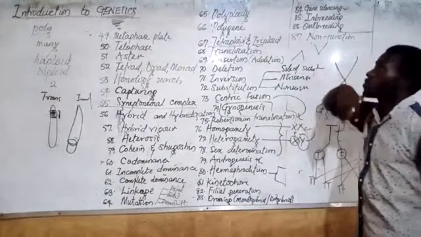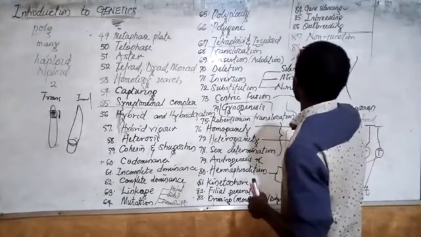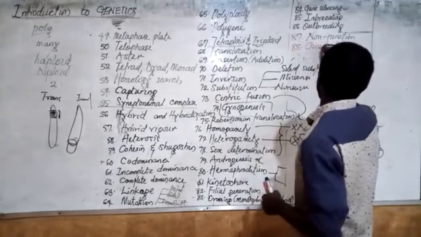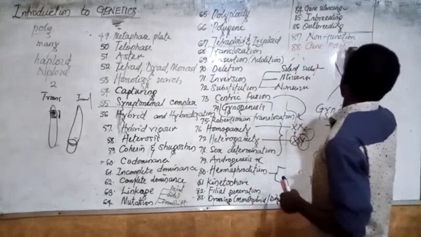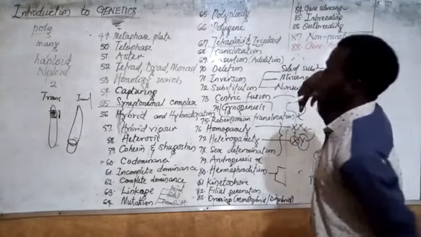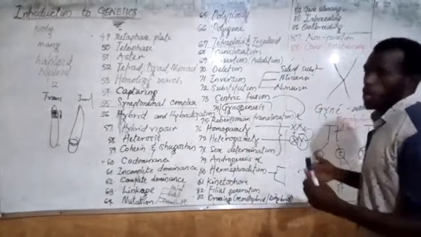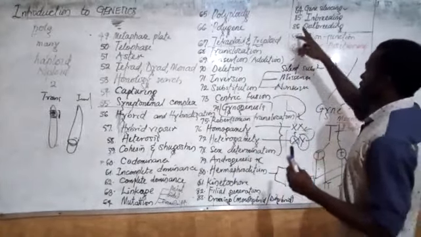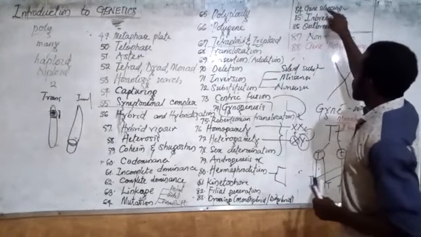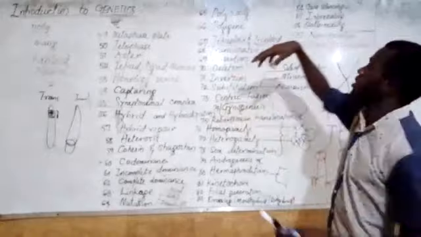Number 88, gene positioning. It is a function of the heterochromatin. So that's a more condensed body than the euchromatin. What it does is it is a site for silenced genes.